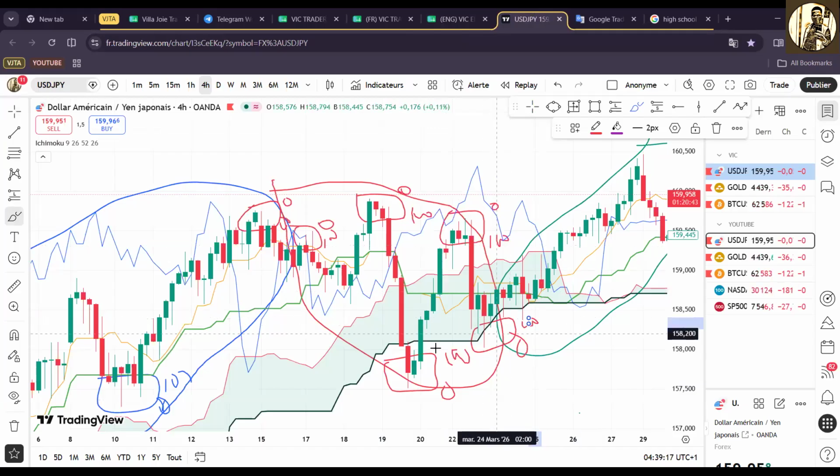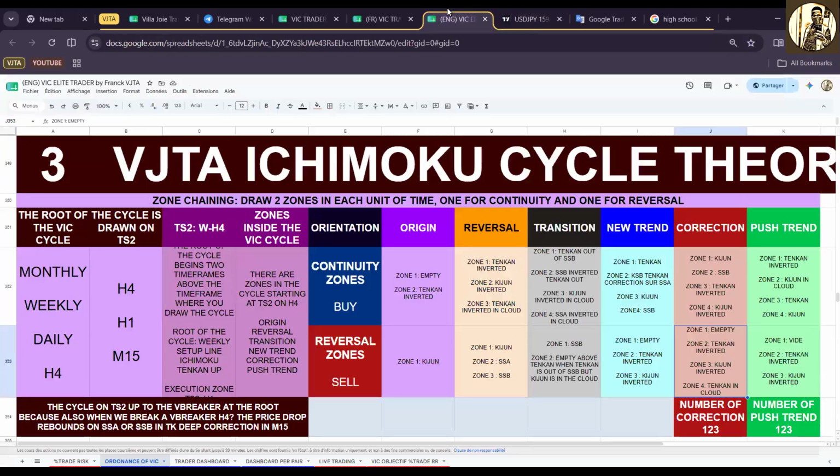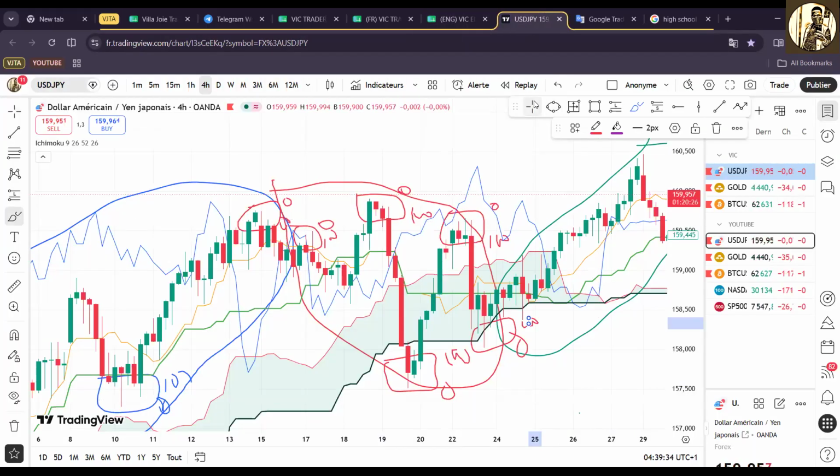Kijun inverted, SSB like this one, Kijun in cloud. In the cloud. So now let's do the push trend.